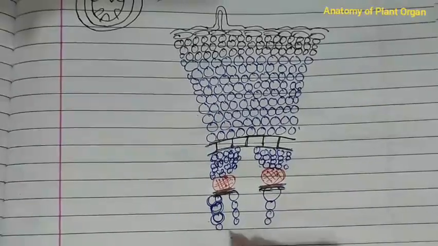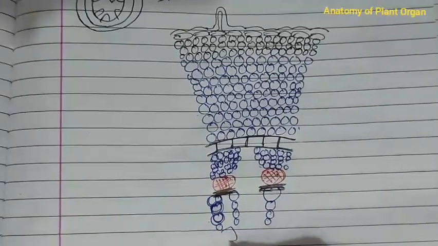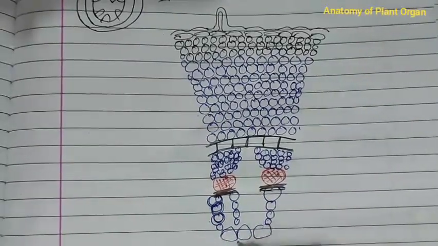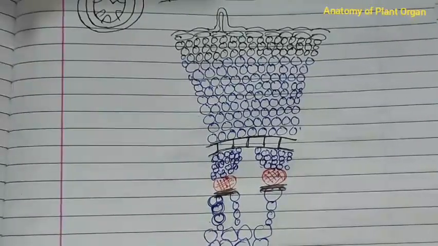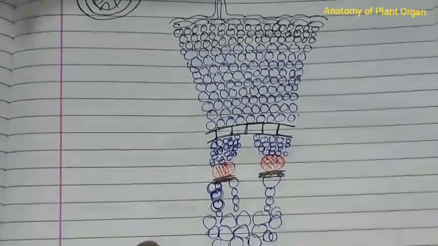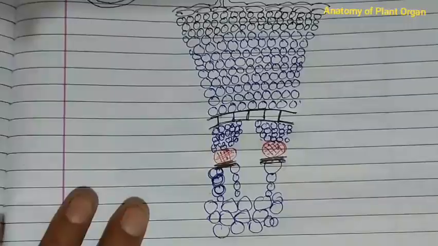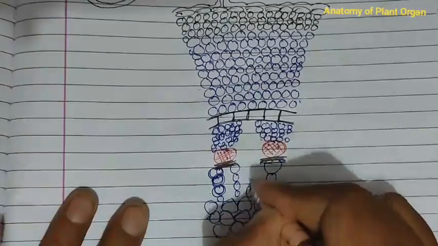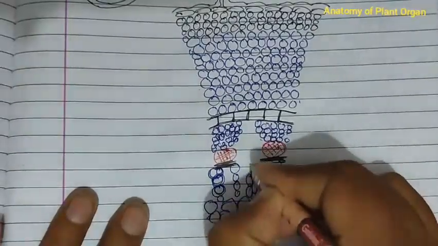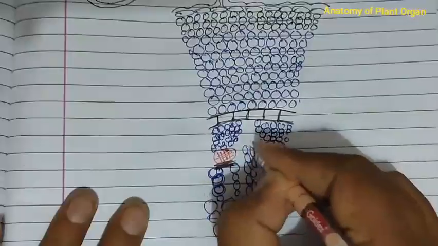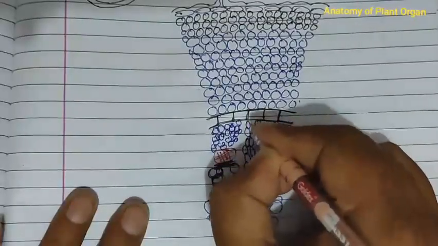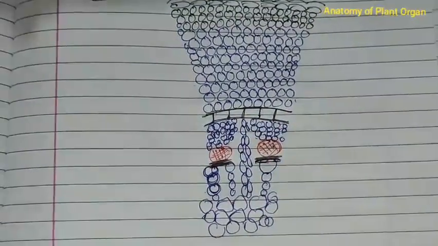Okay, and inner to that we find a pith. So when you see this diagram you come to know that in between, the pith elongates and forms medullary rays. Okay, so this way they are arranged.